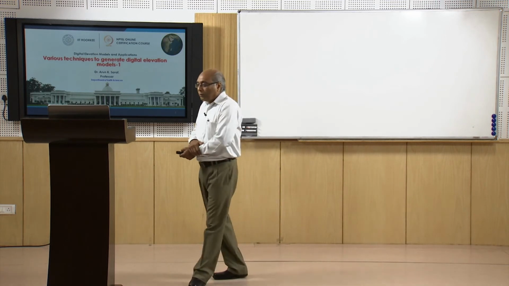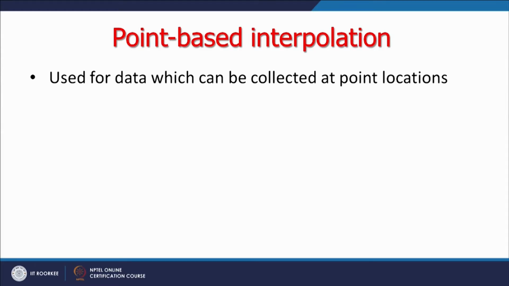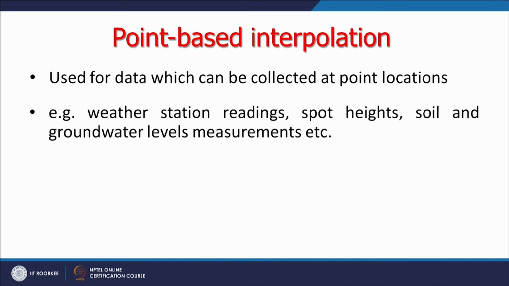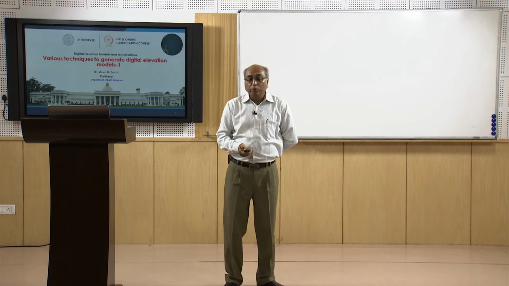Point-based interpolation is used for data which can be collected at point locations, for example weather station readings, maybe rainfall data, maybe temperature data, spot heights, soils, groundwater level measurements, etc. All these can go here.